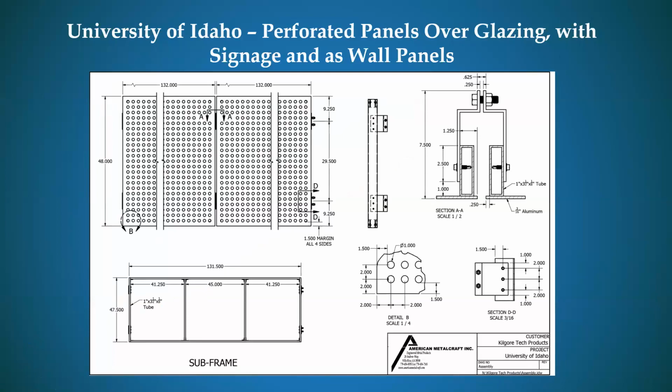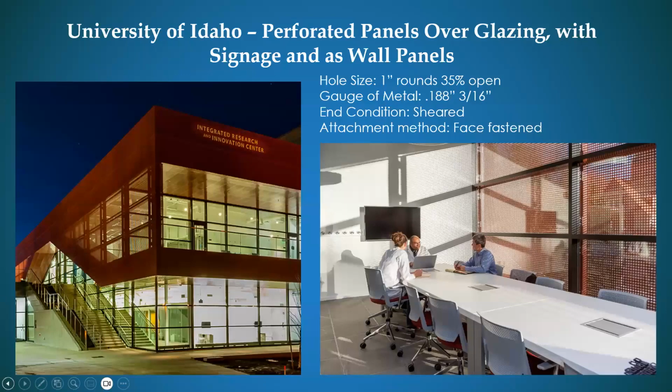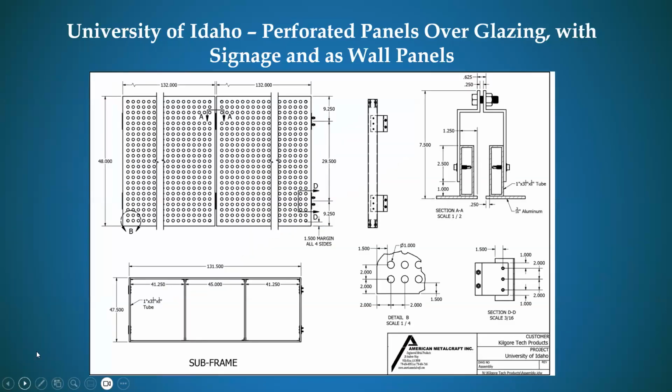On this particular project's architectural drawings, there really wasn't an attachment point, which was fine. So we took the drawings and came up with a system that would attach, in this case, to a knife edge attachment point coming off the curtain wall. If you go back to that detail, there you go.